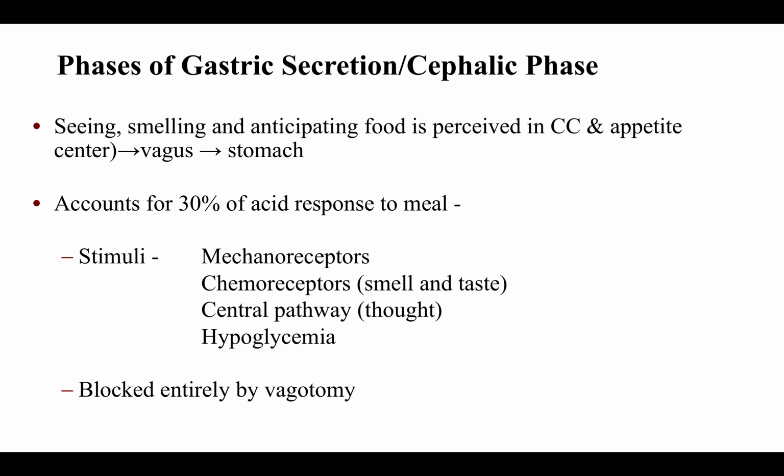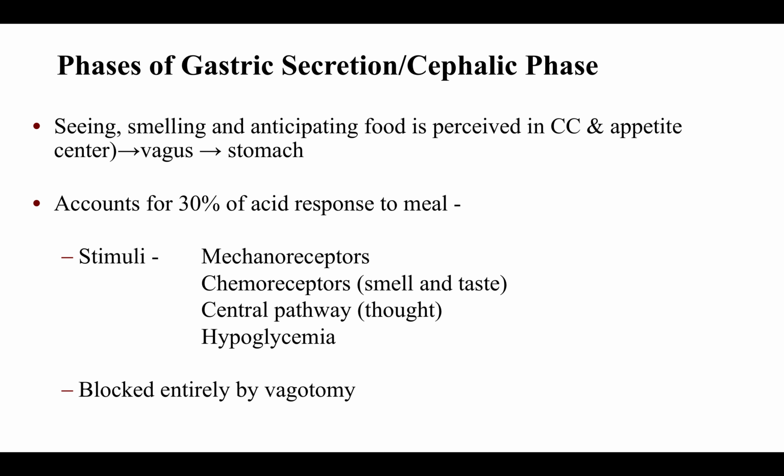Now, the gastric secretions are regulated by three different phases depending on the presence of the food. The first one is the cephalic phase, where there is no food inside the mouth actually. You're just seeing, smelling, thinking about food.